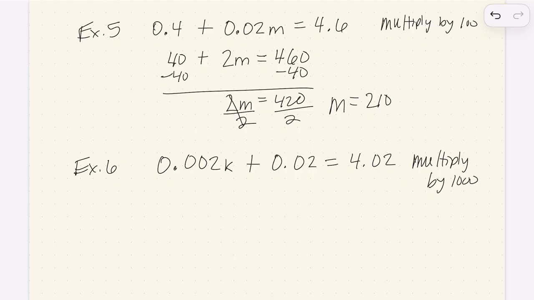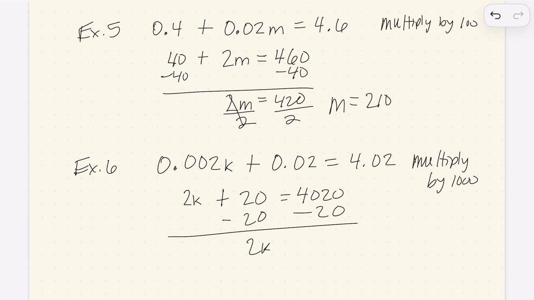So 1,000 times 0.002k, I am just left with 2k. 1,000 times 0.02 is going to be 20, and 4.02 is going to be 4,020. All right, so now I can deal with these bigger numbers a little bit easier. So I'm going to subtract 20 from both sides, and I get 2k equals 4,000. Divide by 2, and I get k equals 2,000.